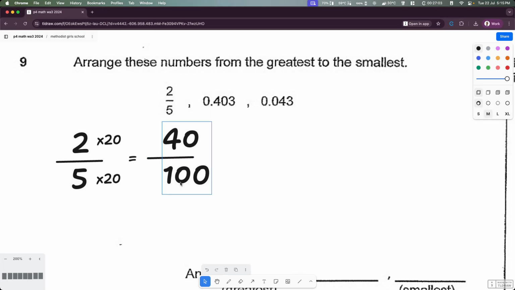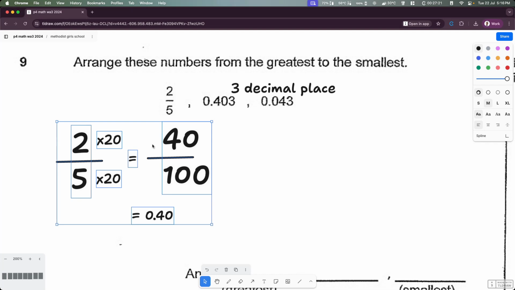So 40 out of 100 will become 0.40. Now we know that these others are 3 decimal places.